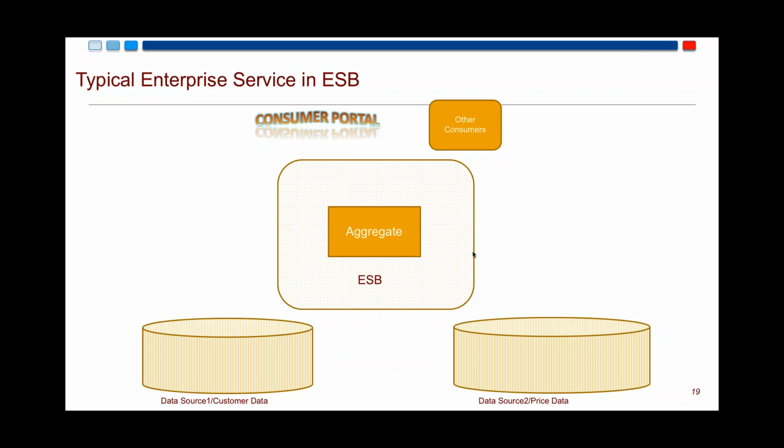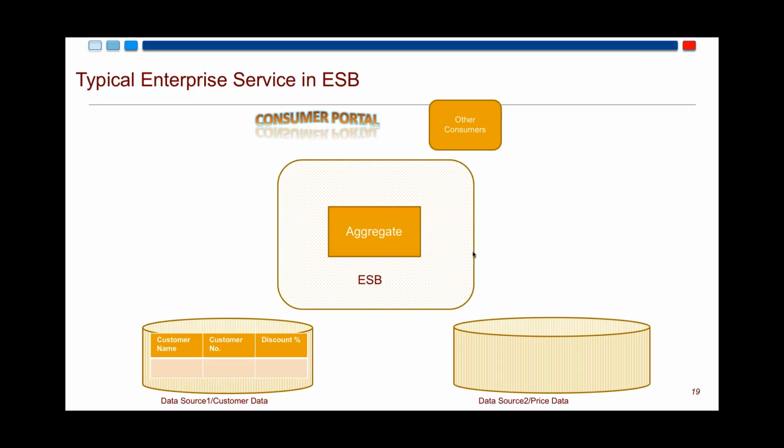Before going to the demo, I would like to show you the typical enterprise service, which aggregates data from different data sources and responds to requests from different consumer portals or other consumers in the enterprise. Typically there will be two or more data sources.